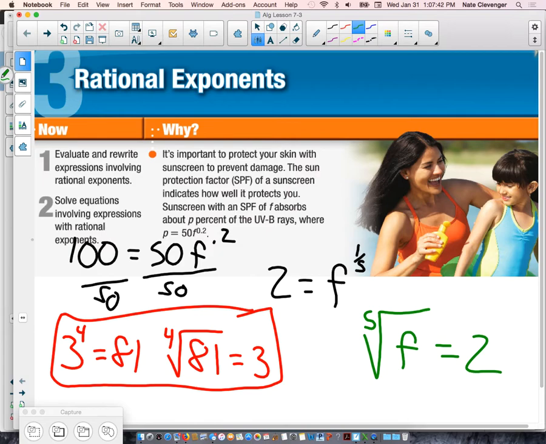One number. When I take the 5th root of it, you give me 2. Or 2 to the 5th power equals what? 32. Oh, I wasn't looking at it like that.